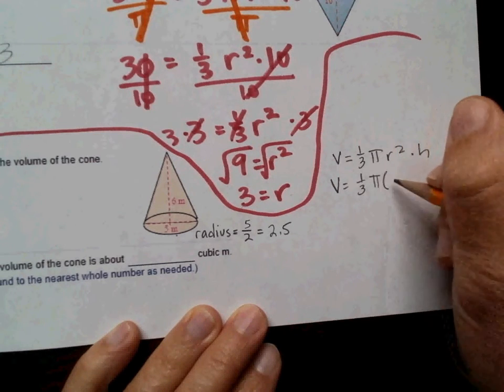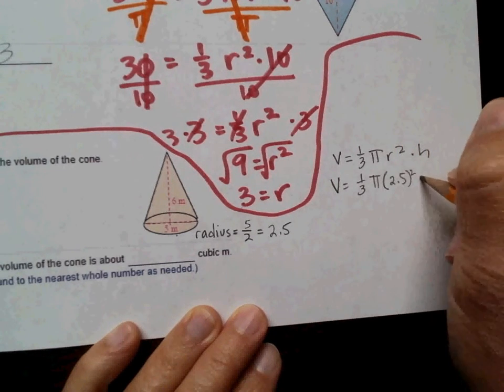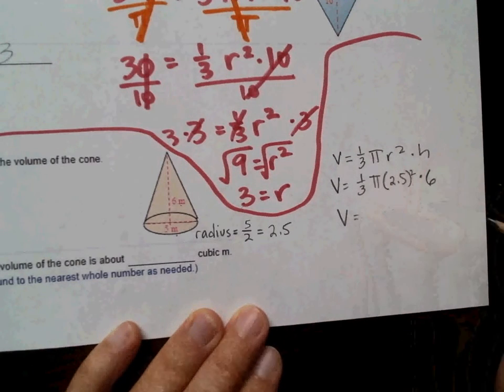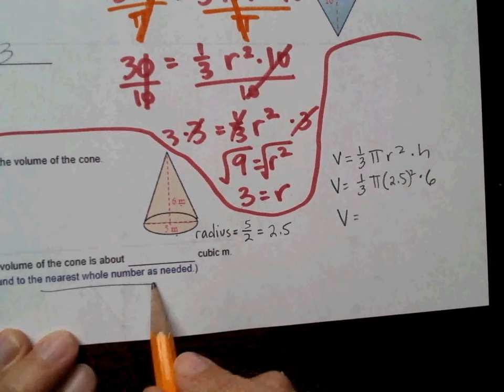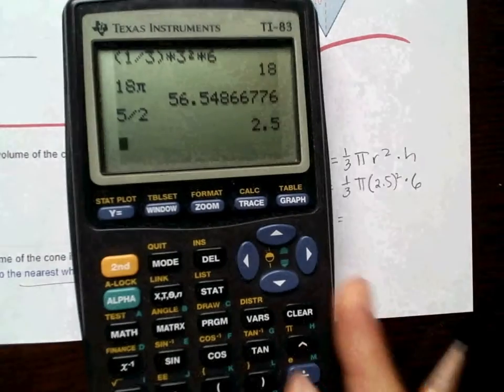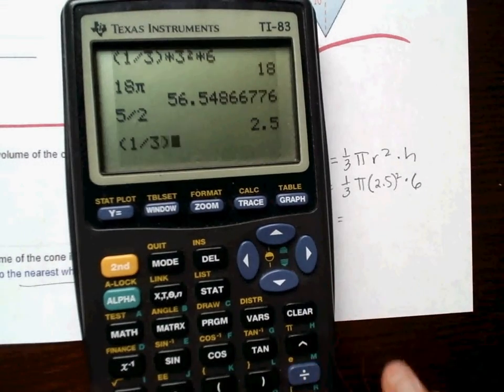So 1/3 times pi times 2.5 squared. Your height for that one is 6. And then this one wants round to the nearest whole number. So that means multiply the pi in on your calculator.